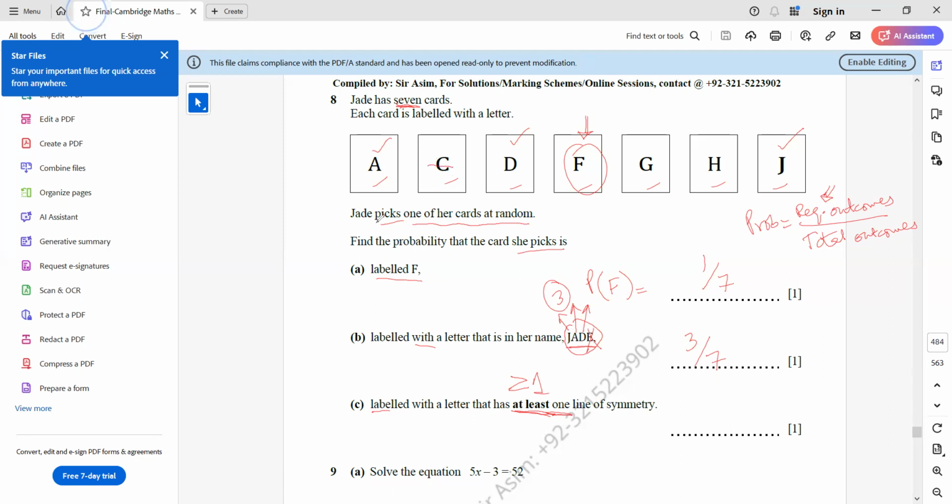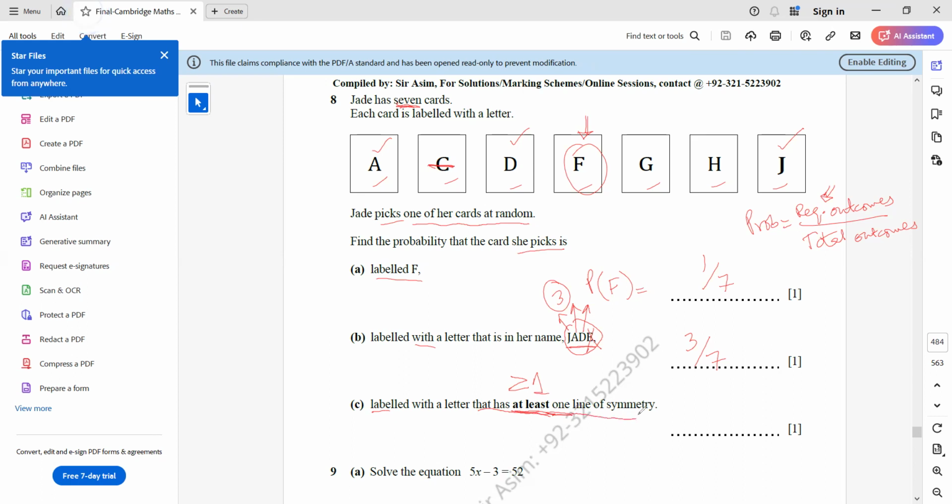Okay, let's see. Next is C. C has got one line of symmetry. Okay, then for D, we are not interested in that. For F, G, and then H. At least one line of symmetry.